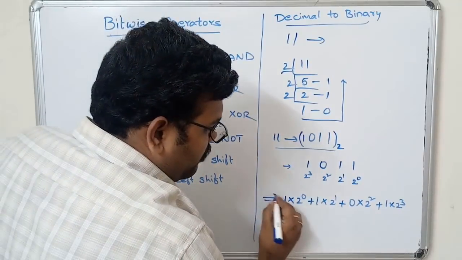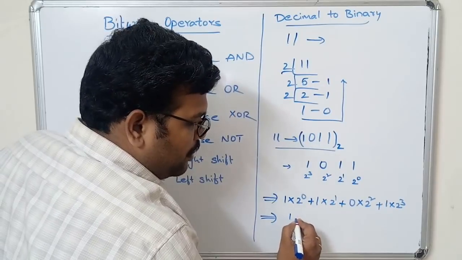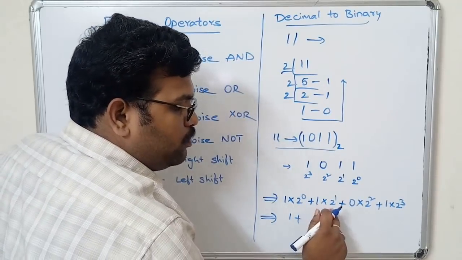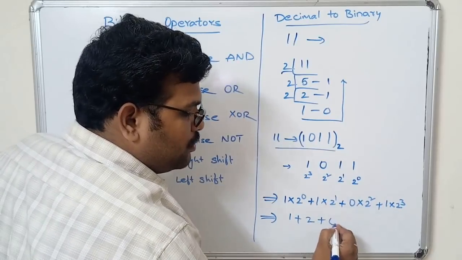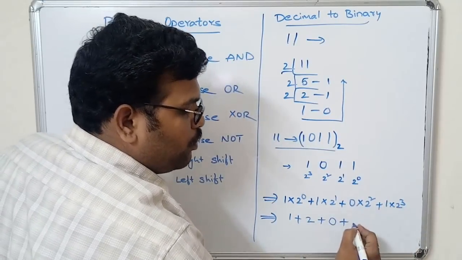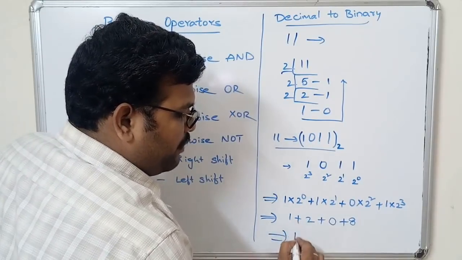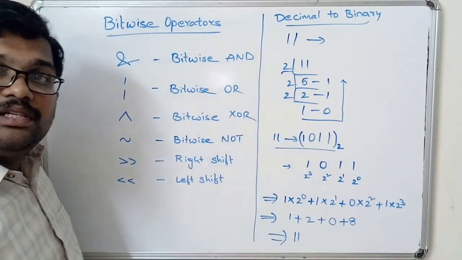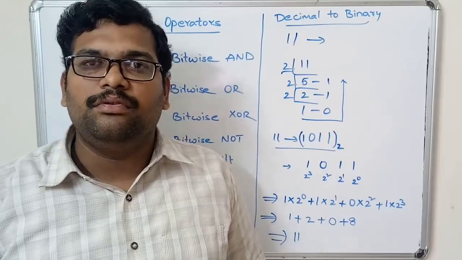Now calculate this one. 1 into 1 plus 1 into 2 plus 0 into 4 plus 1 into 2 cube, 8. So this is 8 plus 2, 10, plus 1, 11. So this is the simple procedure to convert any binary to decimal value.